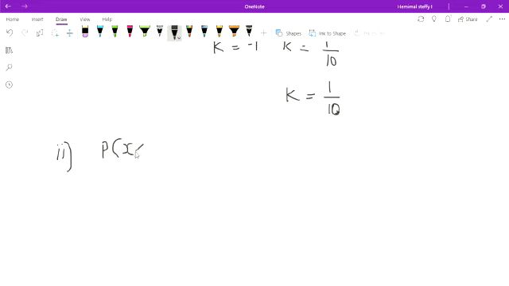Less than 6 means don't take 6 and 7, because they have given less than 6, so we can take 0, 1, 2, 3, 4, 5.